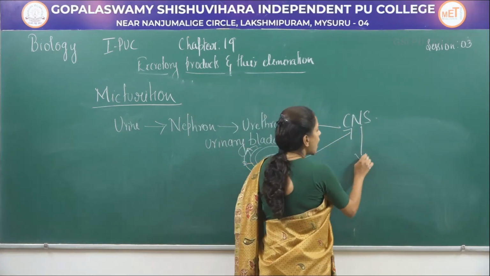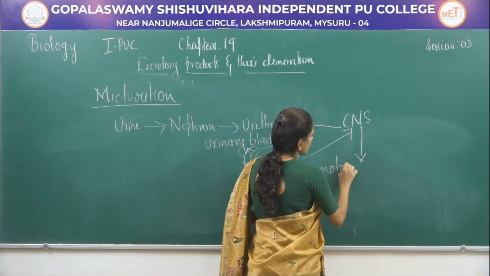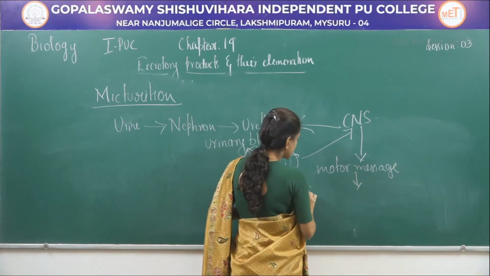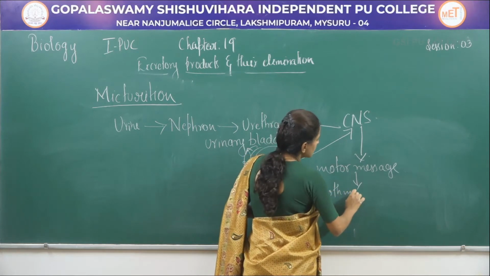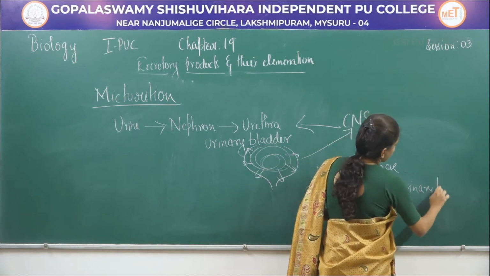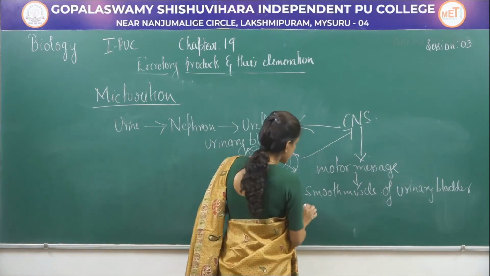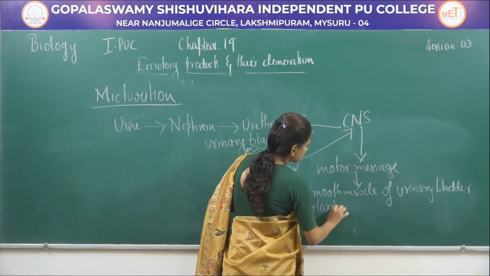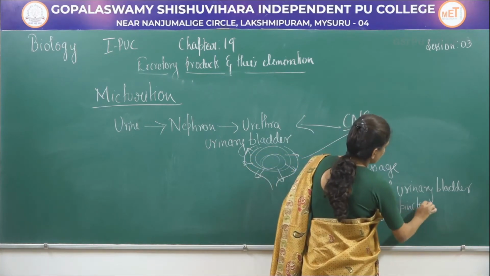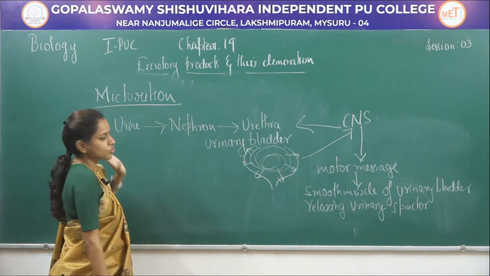The central nervous system now initiates motor messages and sends them to the excretory system for the smooth muscles of the urinary bladder to contract, and it also helps in relaxing the urinary sphincter, which leads to the release of urine from the urethra, and this is what is termed micturition.